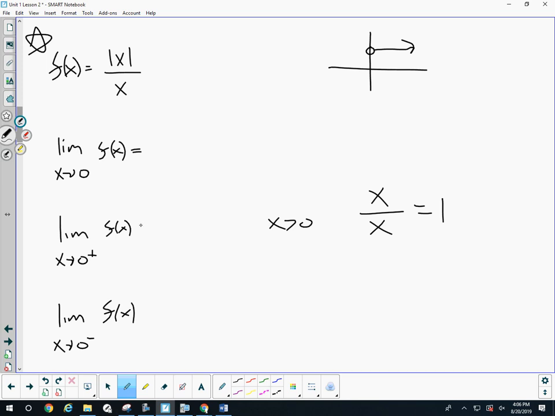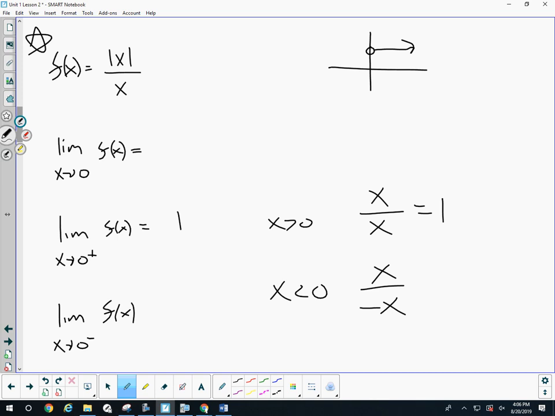If x is less than 0, now this is not technically proper, but whatever, you'd have a negative value. If you plug a negative value into an absolute value, a negative plugged into an absolute value makes that negative positive. That turns into a positive x, but the denominator would be a negative x value.